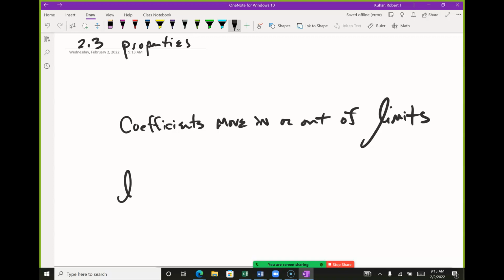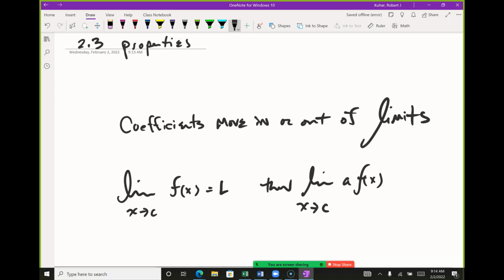Meaning, if the limit as x goes to c of f of x equals L, then the limit as x goes to c of a times f of x is a times the limit as x goes to c of f of x, which equals a times L. A constant can move in or out of a limit.